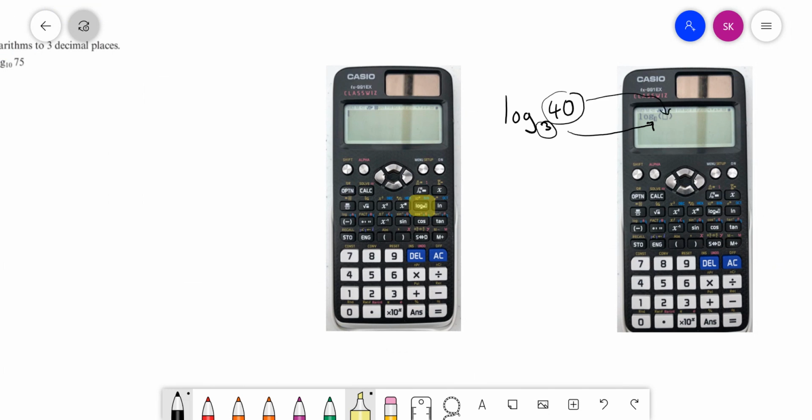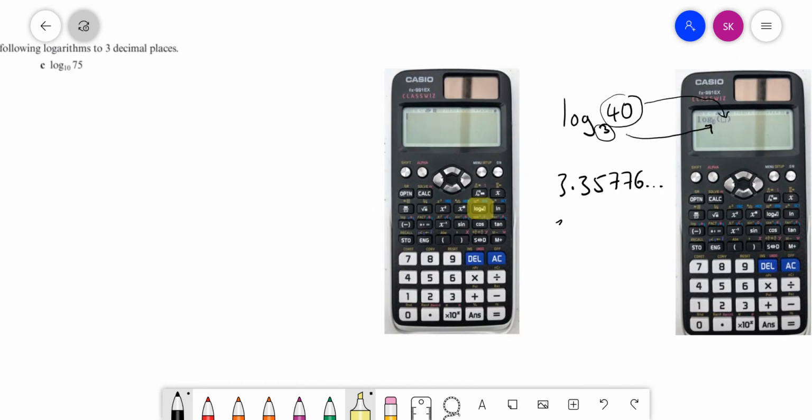So I'm going to do that now on my calculator, and I get 3.3577. But it's asking to 3 decimal places, so I do 3.358.